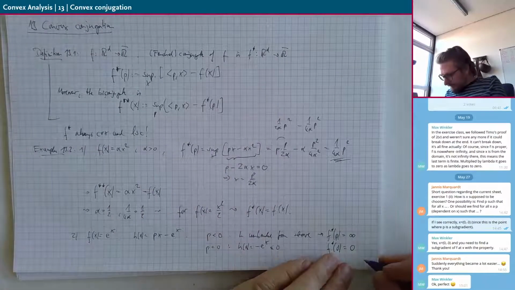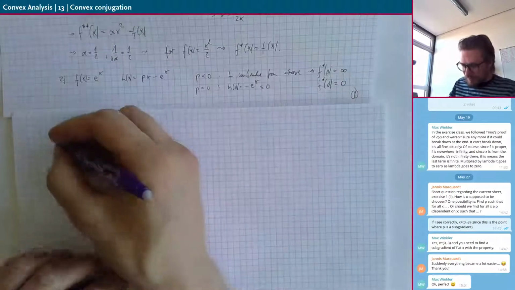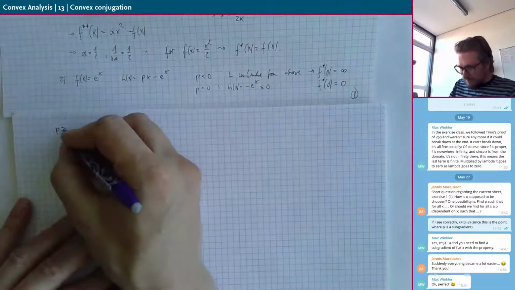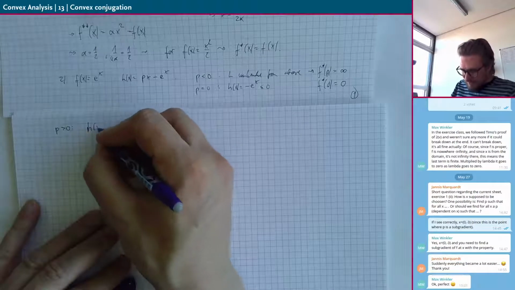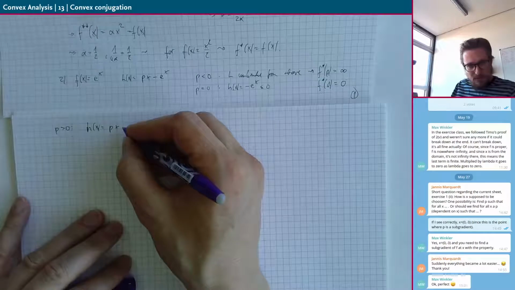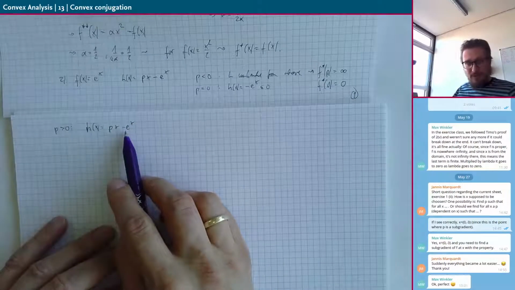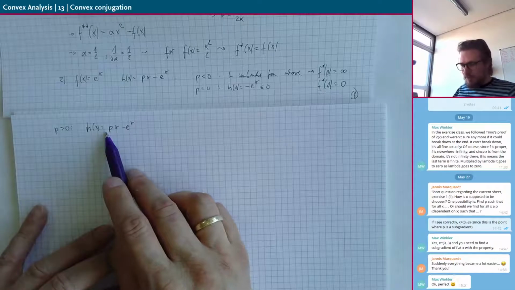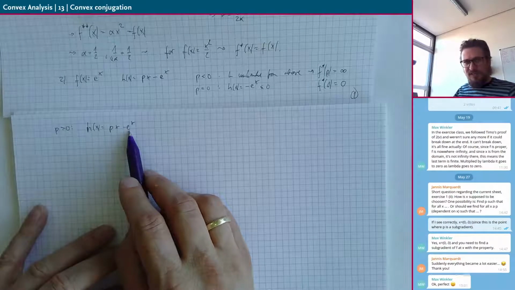Okay, and so for the last case, which is p positive, what do we get there? So h of x is then px minus e to the x again, and it's bounded from above. It has positive slope, but we subtract something which goes to infinity.